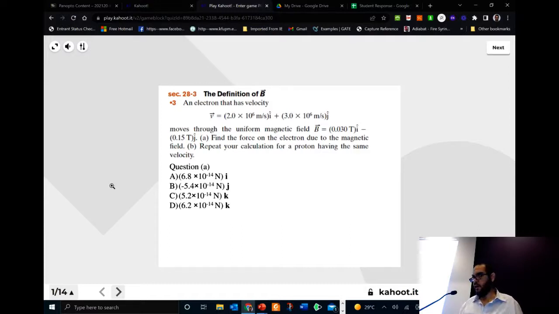Okay, I think probably more than 50% of the class is ready. So this is just basically doing the cross product. Okay, let me start the Kahoot. So choose between A, B, C, or D. Ready? Okay.